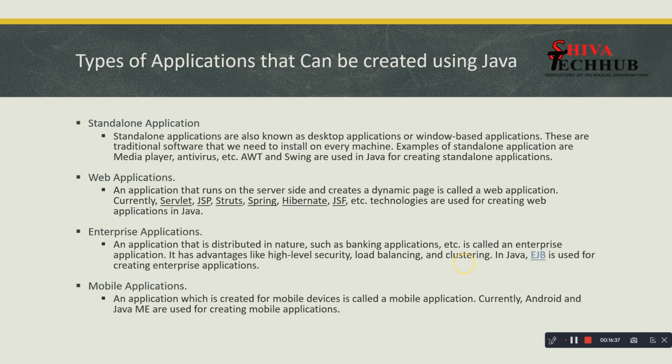Some of the technologies that we use in order to create such an application are servlets, JSPs, which stands for Java Server Pages, Struts, Spring, Hibernate, JSF, and many more.